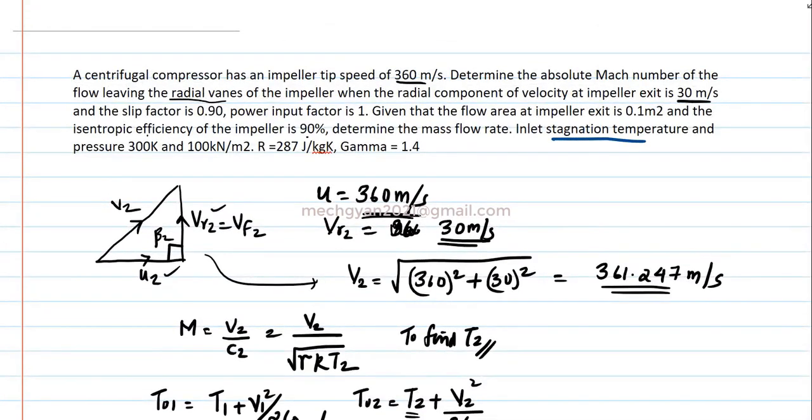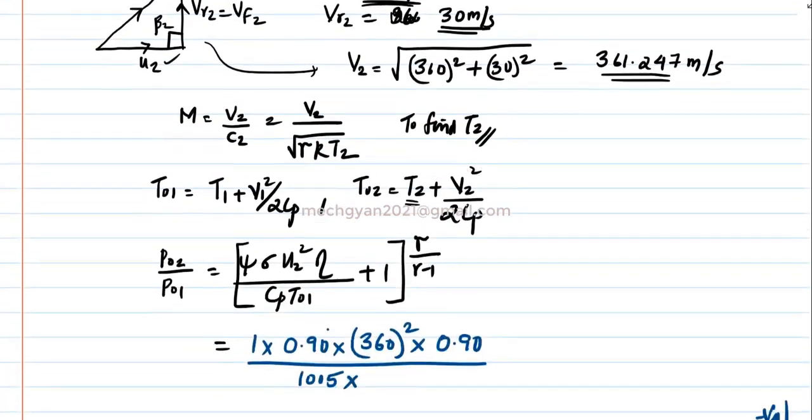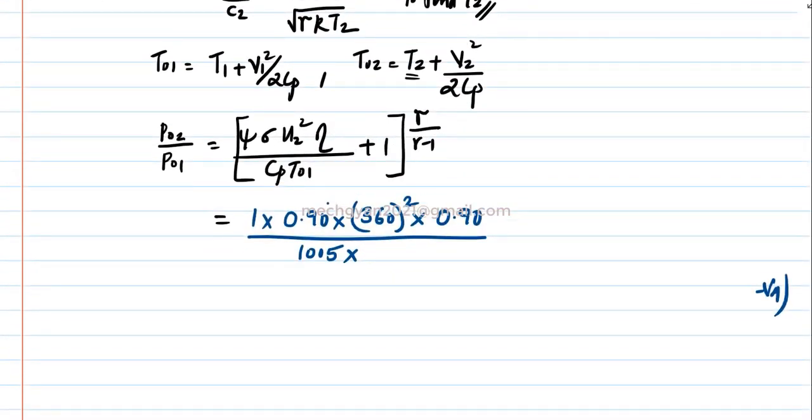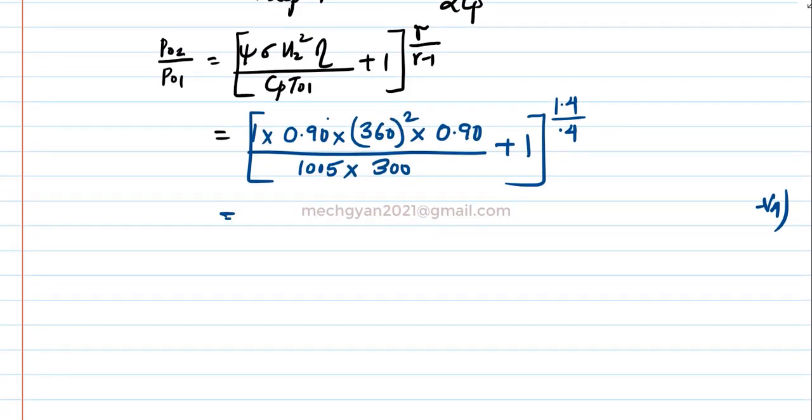Inlet stagnation temperature and pressure are 300 Kelvin and 1000, so T01 and P01 are given. So T01 is 300, plus 1, whole raised to gamma by gamma minus 1, which is 1.4 by 1.4 minus 1, that is 0.4. If we substitute, we get 2.845. This is P02 by P01. Therefore P02 is 2.845 times P01.